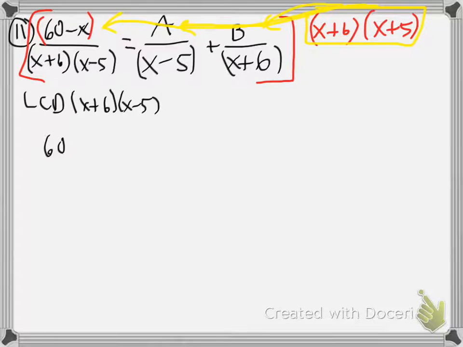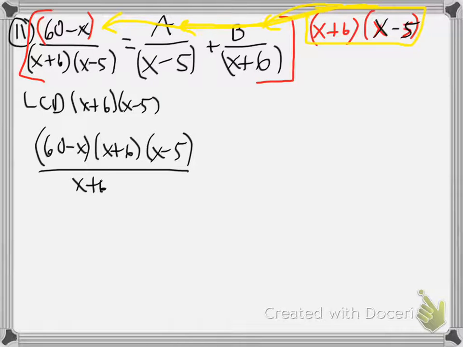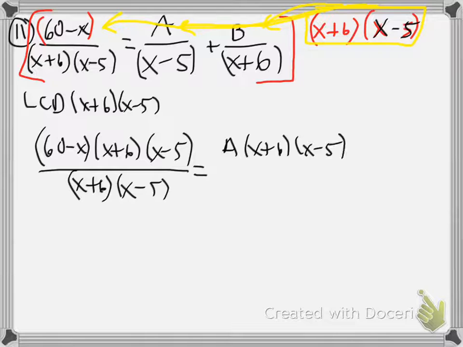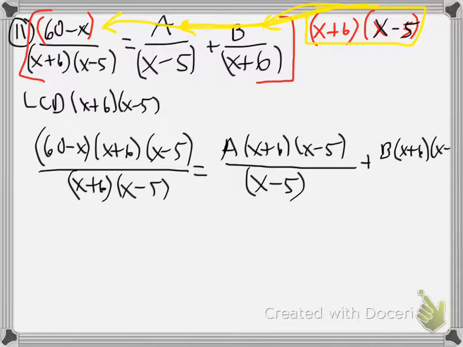So 60 minus x, and the top was multiplied by x plus 6, x minus 5 on top, all over x plus 6, x minus 5, equals a times x plus 6, x minus 5, all over x minus 5, plus b, x plus 6, x minus 5, all over x plus 6.